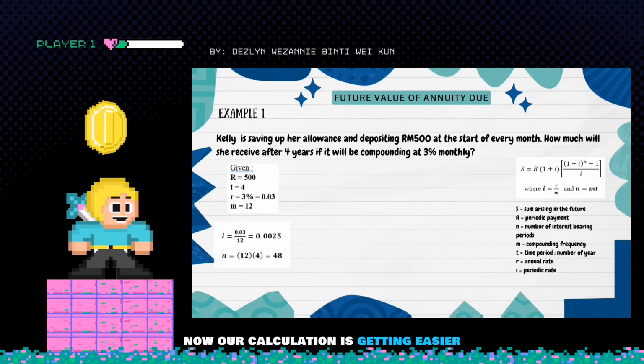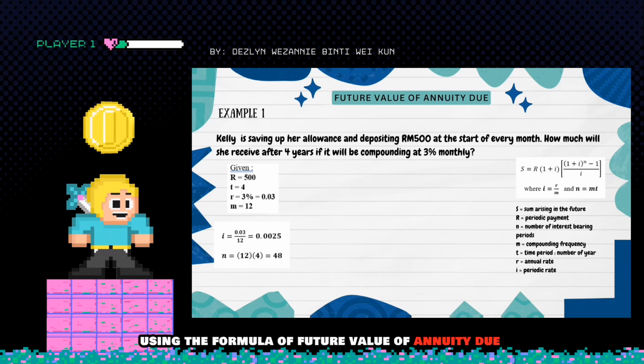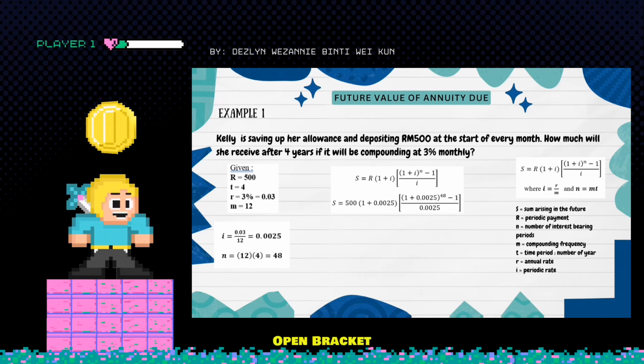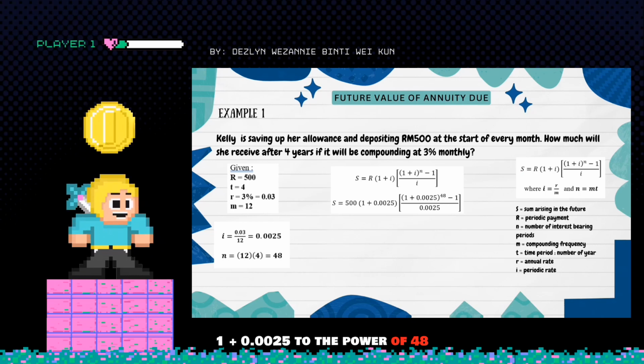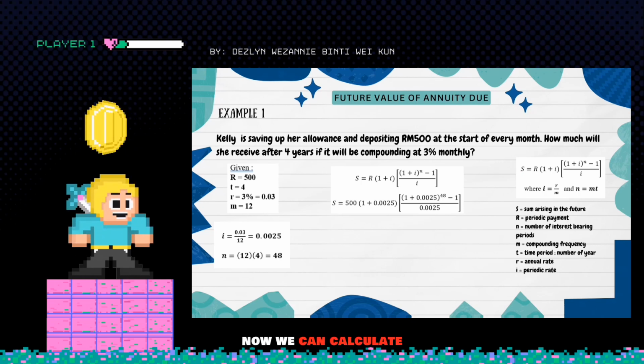Now, our calculation is getting easier since we already have the information that we need in the formula, which is R, I, and N. Using the formula of future value of annuity due, we substitute all the information into the formula. 500, open bracket, 1 plus 0.0025, close bracket, open bracket again, 1 plus 0.0025 to the power of 48 minus 1 over 0.0025, close bracket.